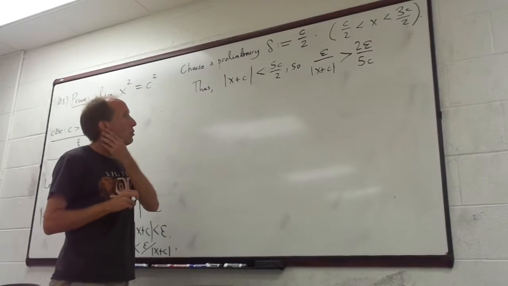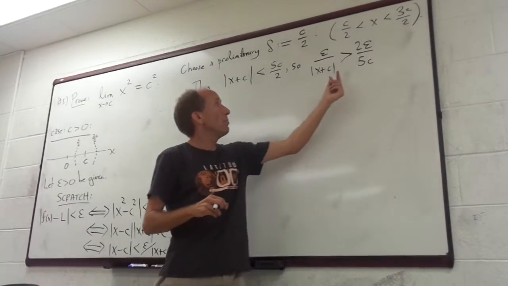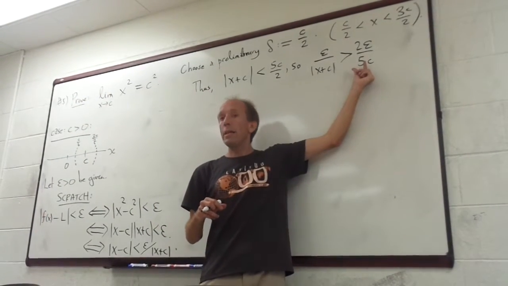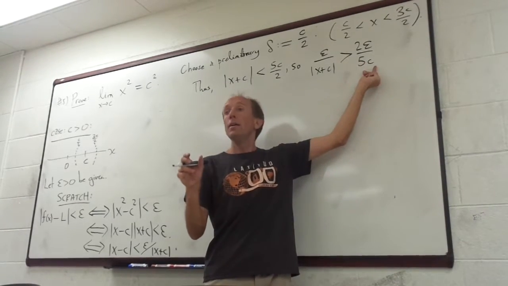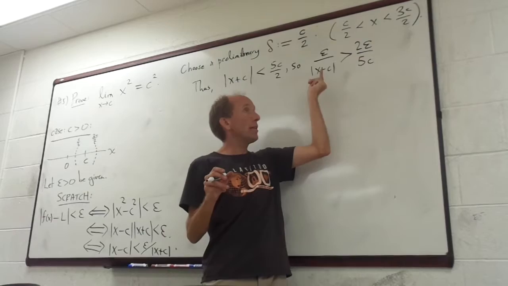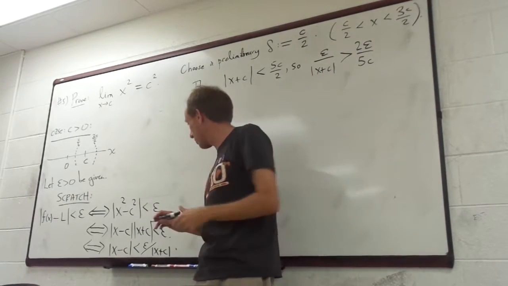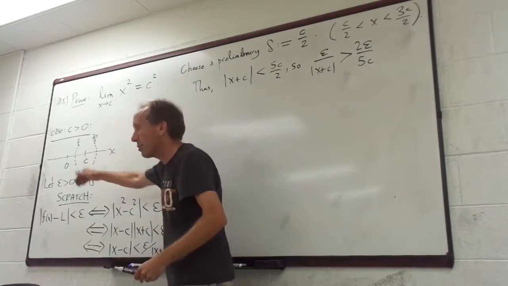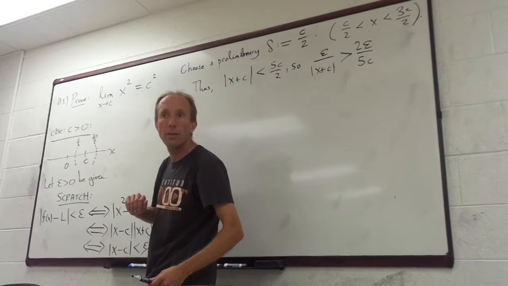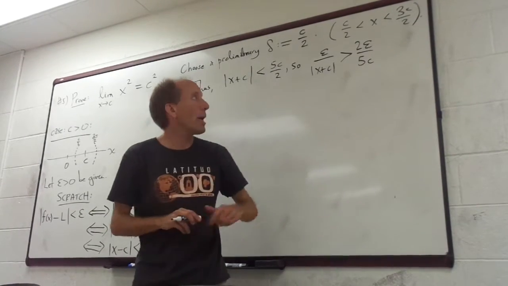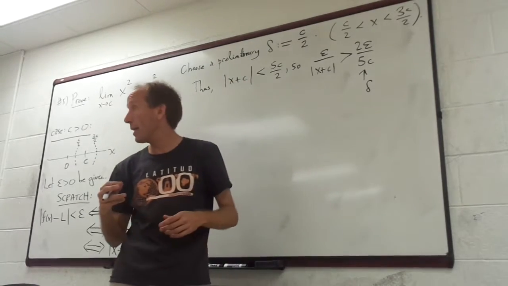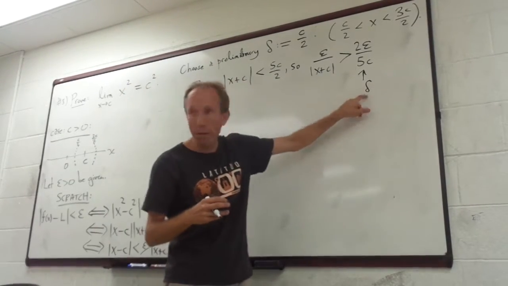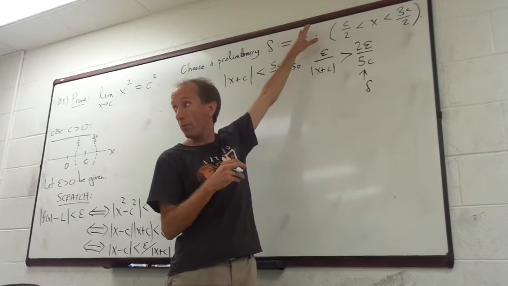So if we choose our delta to be this, in other words, if we assume that absolute value of x minus c is less than this, well then x minus c will definitely also be less than this, which is then going to allow us to start here and go through our scratch work backwards. See that? So this is going to be the delta that we're going to take, well, the minimum of this one with the original preliminary one.